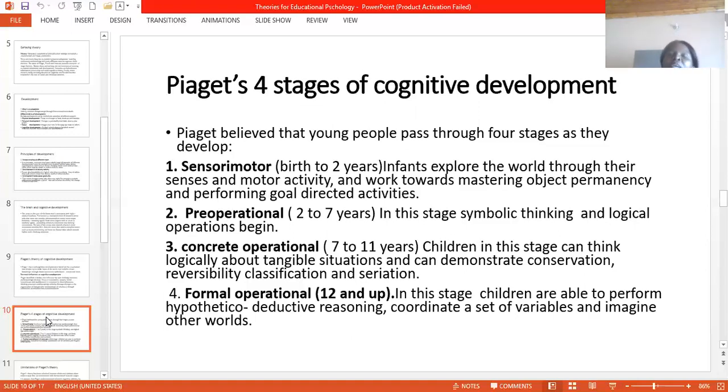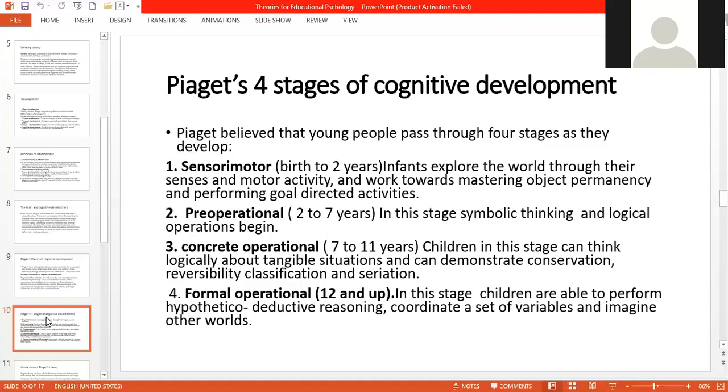So you have to find out the characteristics of a child from birth to 2 years. How do such kids live? Here, I've just given you something like infants explore the world through their senses. They sense things and motor activity. Then they work towards mastering object permanence and performing goal-directed activities.